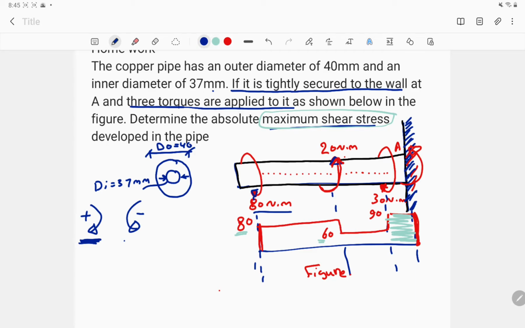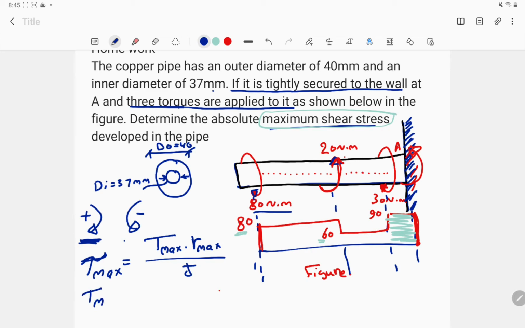So I'm gonna write the equation. We have tau maximum, which is the maximum shear stress, equal to T maximum times C, which is the radius, or let's call it R maximum, divided by J. Okay, let's define the parameters of this equation.